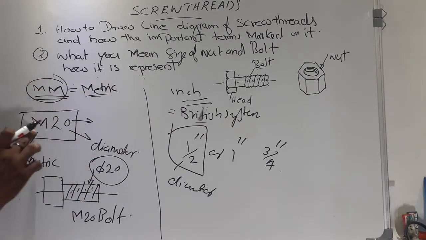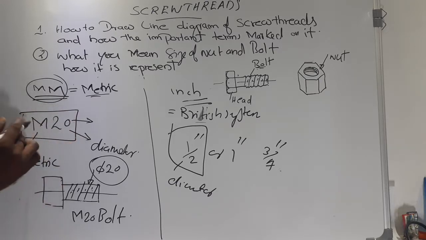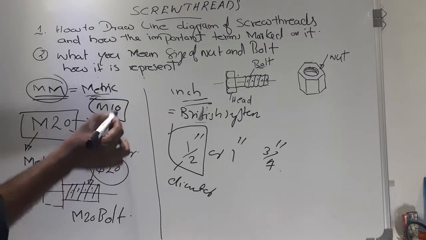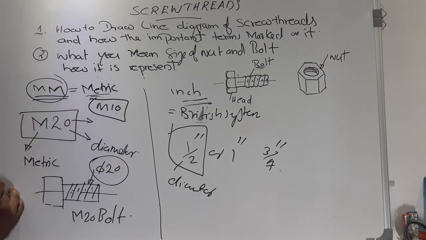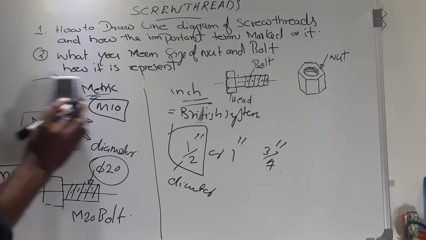An example of designation of a nut or bolt: M10 means metric thread 10 mm diameter. M6 means metric thread 6 mm major diameter. These are the two types of classification of threads according to system of units.